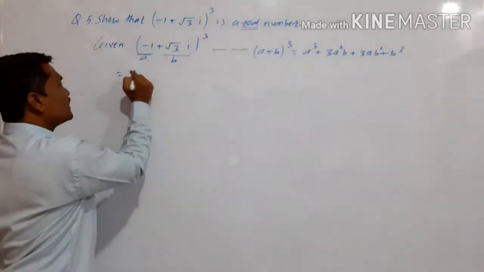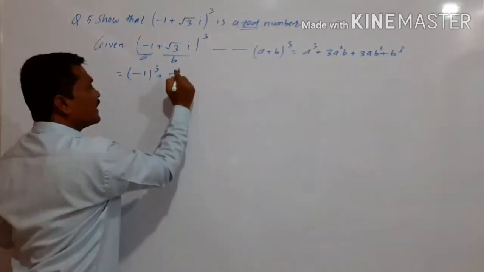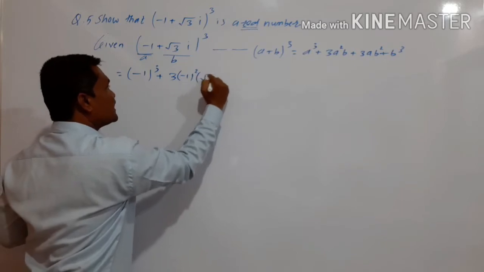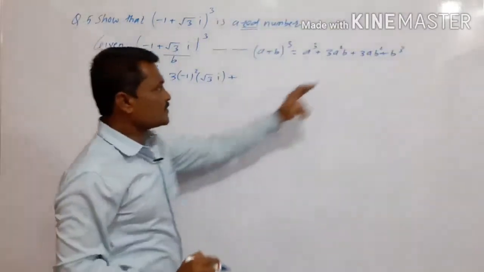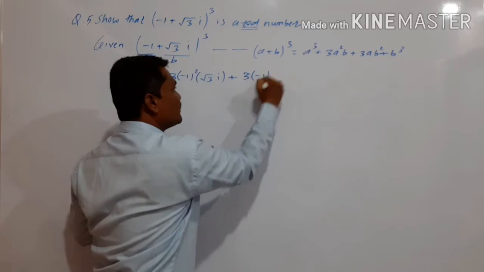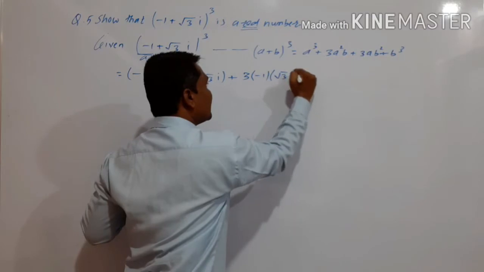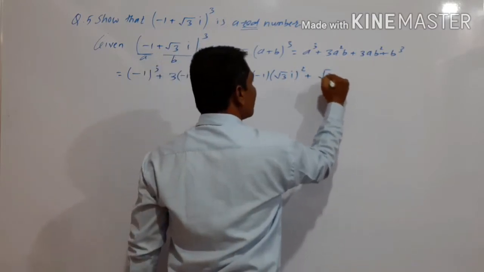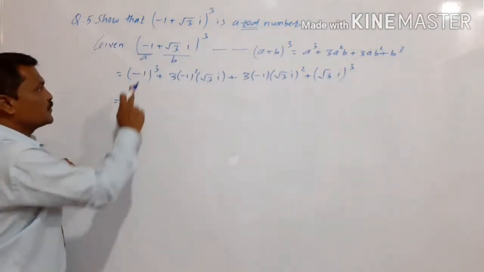We get (-1)³ + 3 times a², that is (-1)², times b, that is √3 into i, plus again 3, then a, which is -1, times b², that is (√3i)², plus b³, that is (√3i)³.